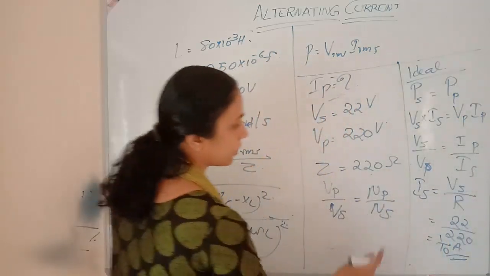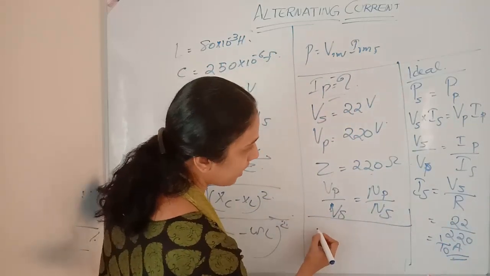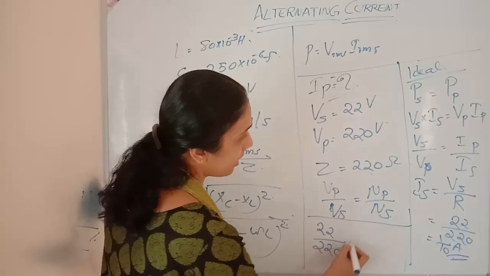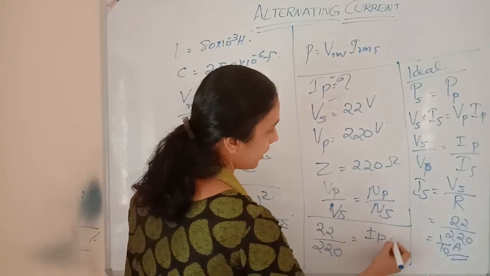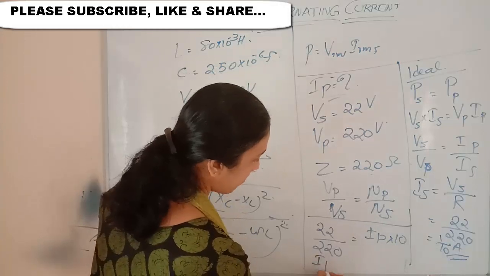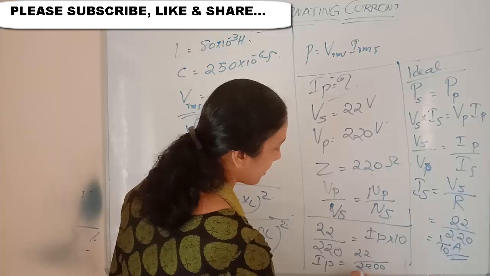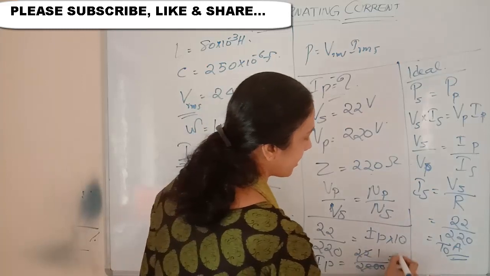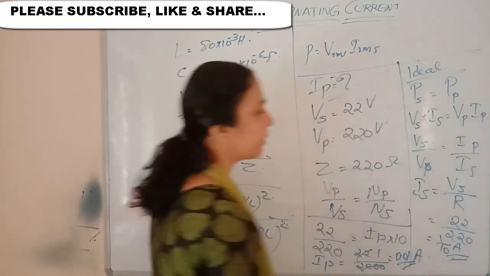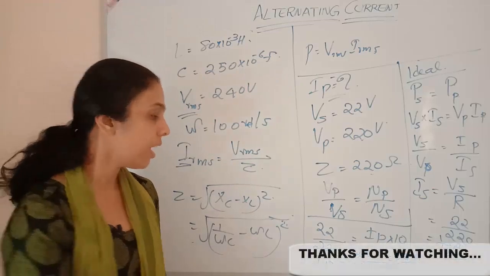Now we can substitute: 22 divided by 220 is equal to Ip divided by 10. So we get Ip as 22 divided by 2200, that is 1 by 100, which is 0.01 ampere. So this is how we find the value of Ip.